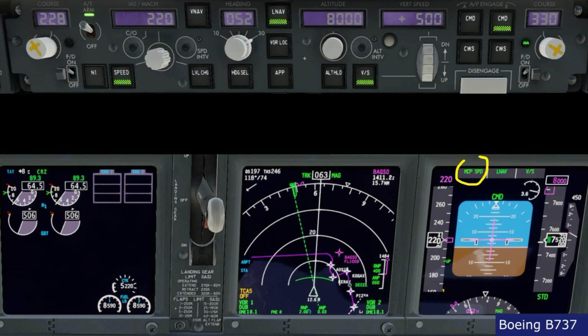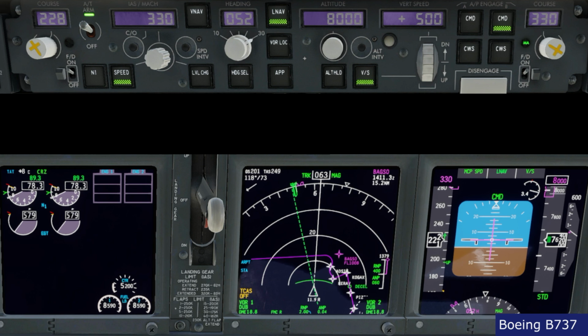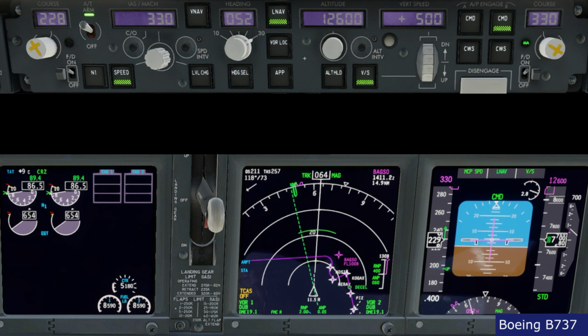So for example, if I increase the speed at this stage, of course the auto throttle will give me the maximum thrust available, but will not be able to fly this high speed with 500 feet per minute. Now the speed is increasing because the rate is small, but I select a higher altitude.